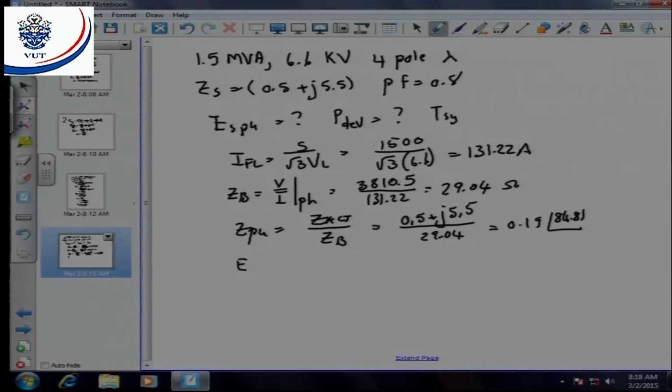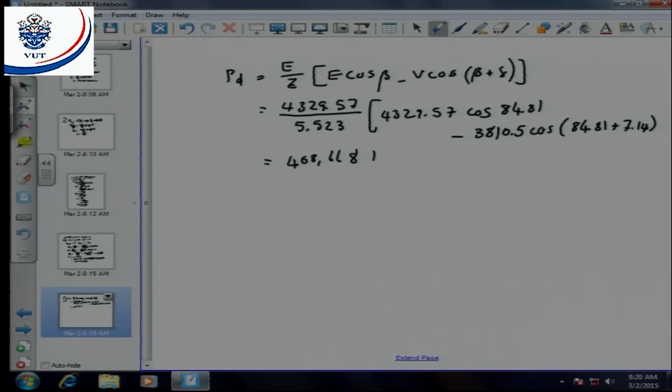So that gives us 4329.57 divided by 5.523 times 4329.57 cos of 84.81 minus 3810.5 cos of 84.81 plus 7.14, which gives us 408.668 kilowatts per phase, and total will be 3 times that, which is 1225.98 kilowatts.